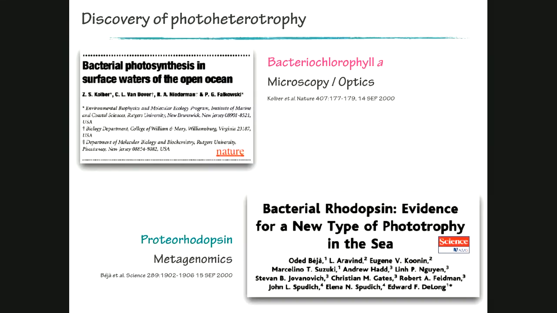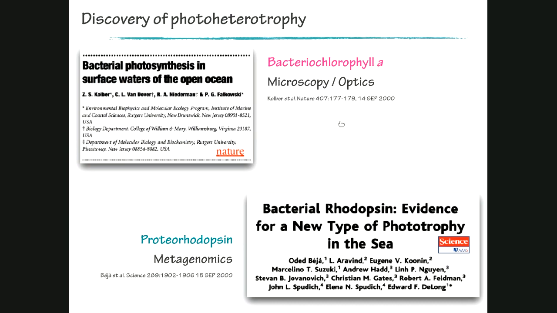Well, as I said, the discovery was in 2000, and funny enough, the 2 types that exist, a system based on bacterial chlorophyll A and a system based on proteorhodopsin, were discovered with a day of difference. See here the dates. This paper was published 14 September 2000, and this one was published 15 September 2000.